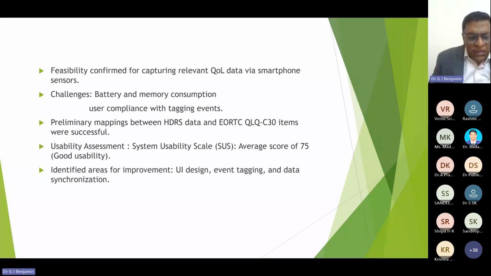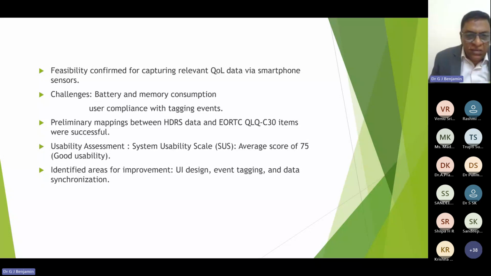The challenges you can face are battery and memory consumption and user compliance with event tagging, but the preliminary mapping between HDRS data and EORTC terms was successful.